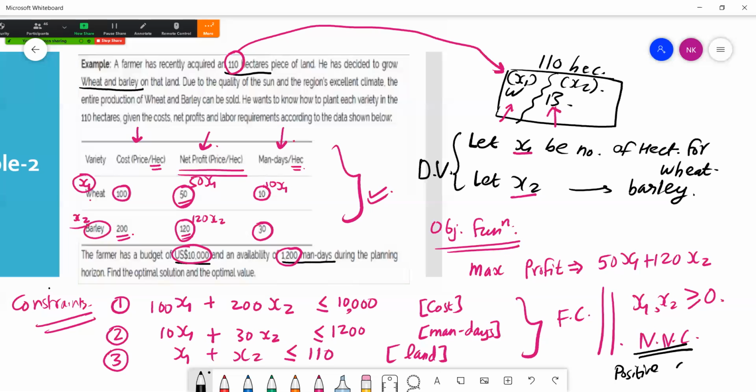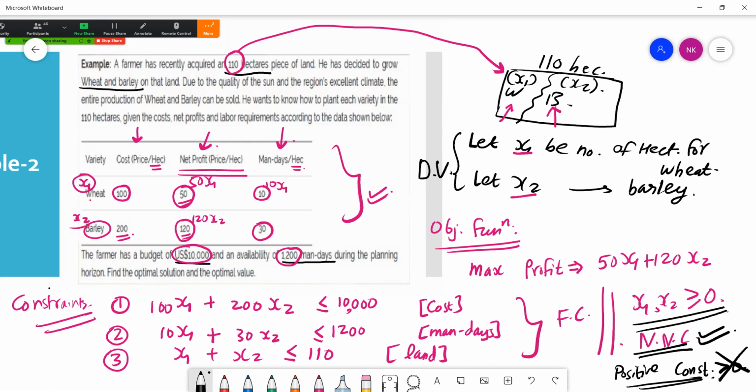There is a big difference: a non-negative constraint includes 0 also, while a positive constraint doesn't include 0, it is strictly greater than 0. I'm saying non-negative constraint: x1, x2 greater or equal to 0.